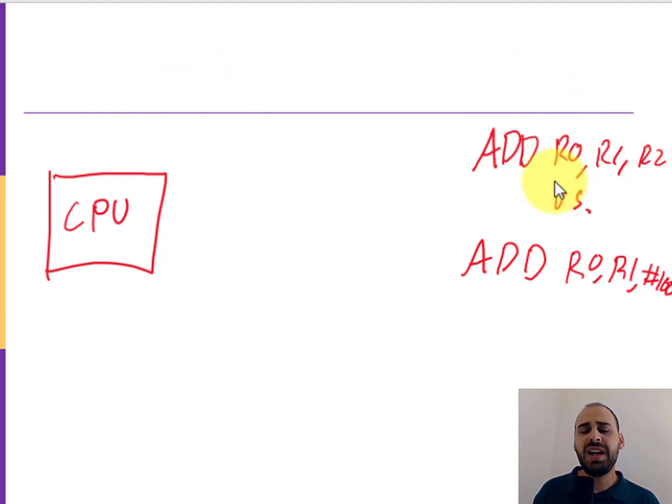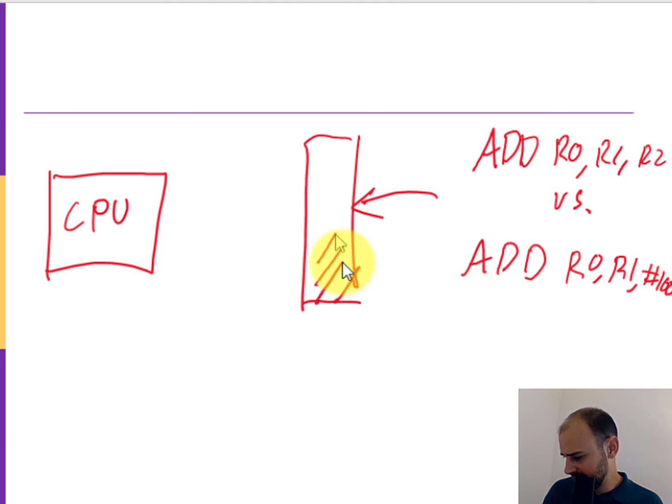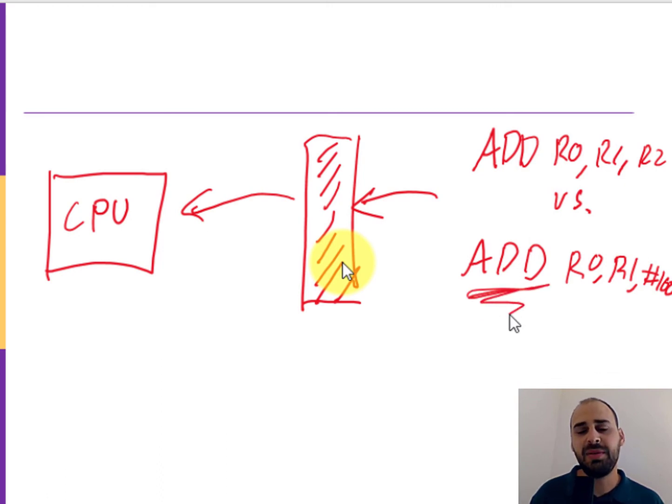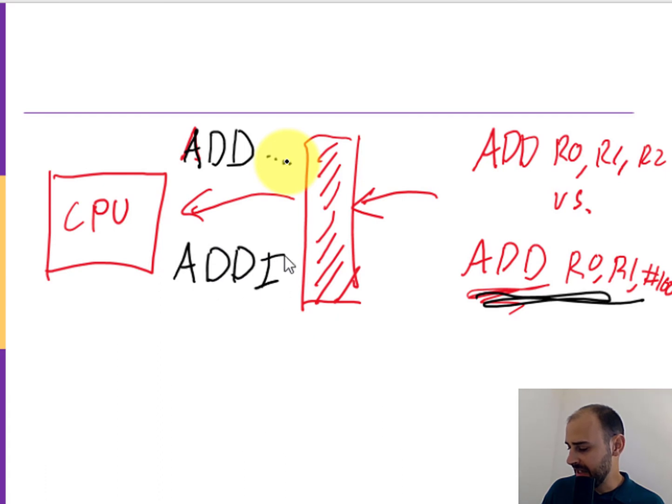So we can write the code in a very similar way to make it easier to write. But what's actually happening is, even though we're writing it in a similar way, the example on the top will use an add instruction, while the example on the bottom here will use an add immediate.